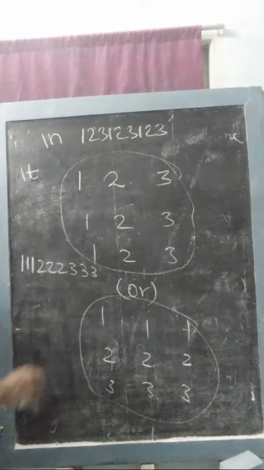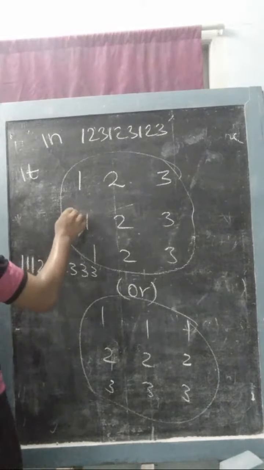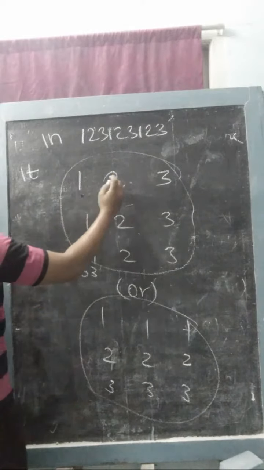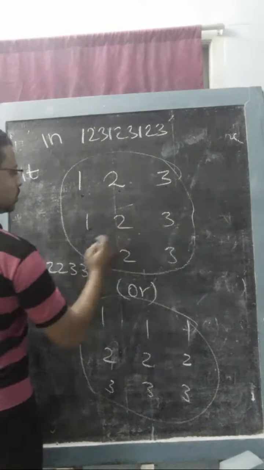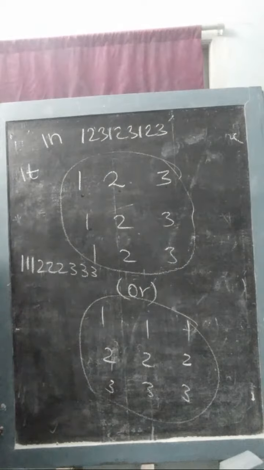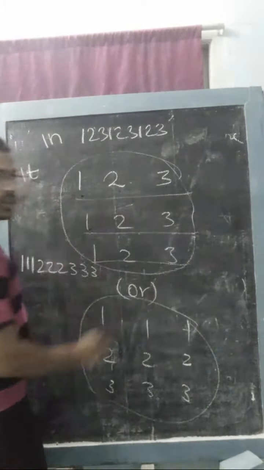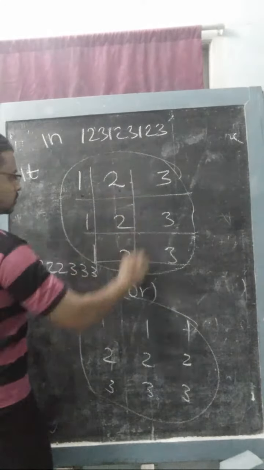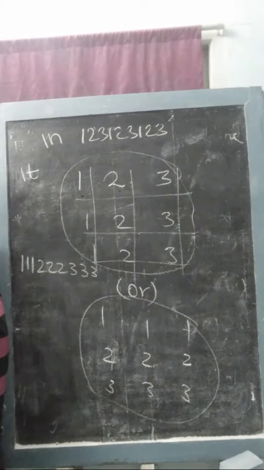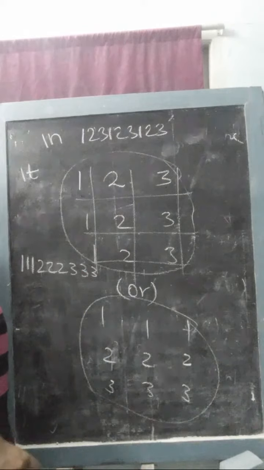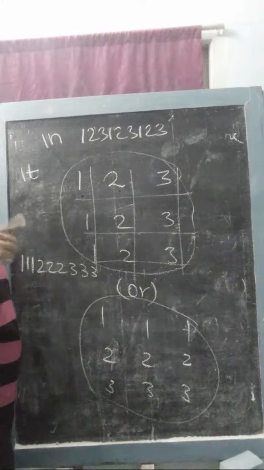Okay. So now our problem definition is, we are going to print 1, 2, 3, 1, 2, 3, 1, 2, 3. How many rows and how many columns now? 3 rows, 3 columns. So how many for loops do we need? That is, how many iterations?